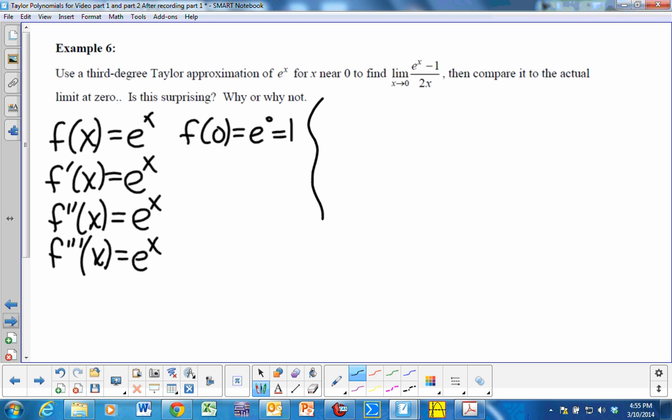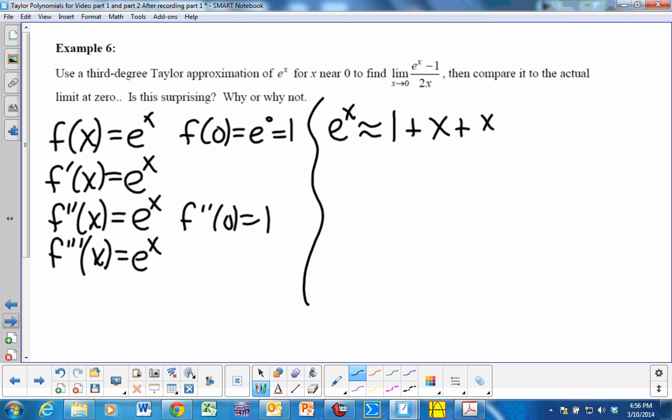So what that means is that e to the x is approximately equal to the function value at 0, which is 1, plus the derivative at 0, which is also 1, times x minus 0. So that gives me x, plus the second derivative evaluated at 0, which again is 1, they're all 1, times x squared, and then that's all over 2 factorial.